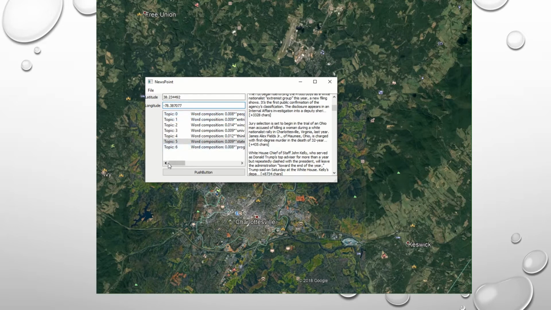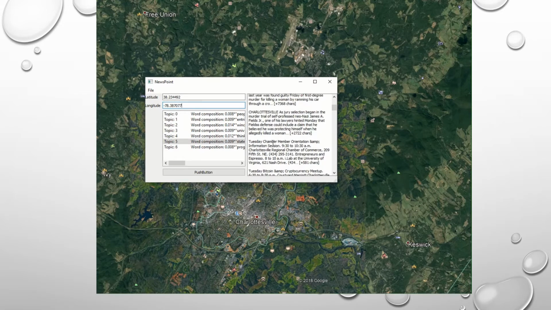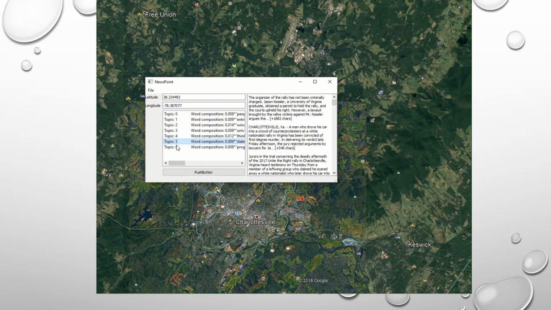And as you can see, everything on the right pane is related to judicial matters. And so clicking on the topic, we can see that the word composition is state, government, people, nation, things like that. So yeah, that makes a lot of sense.